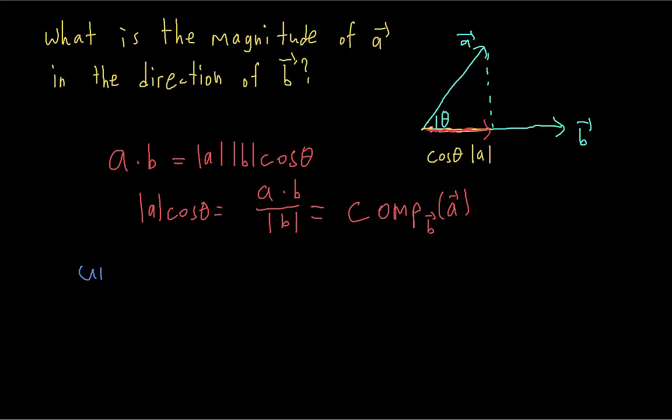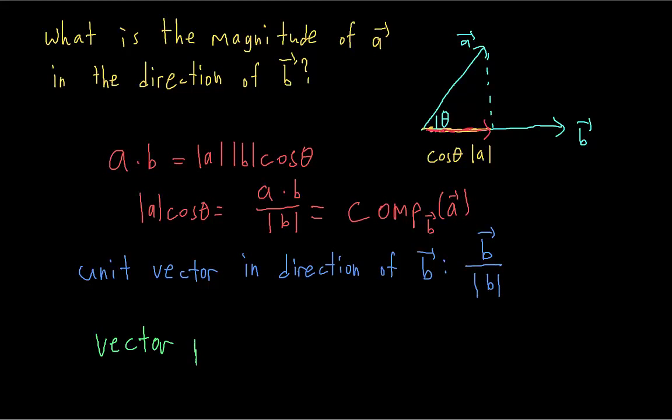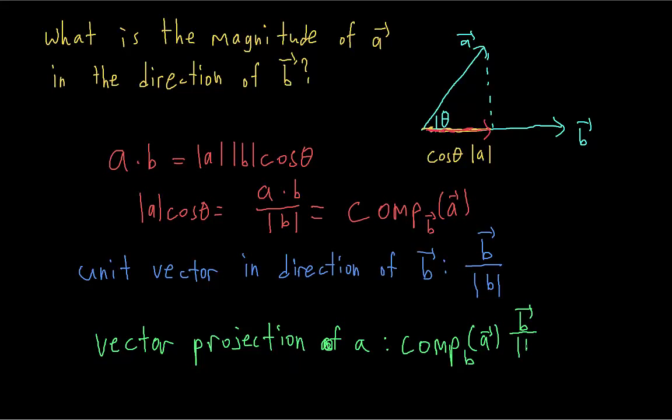And so we can do that by using the unit vector in the direction of b, which is going to be b divided by the magnitude of b. We just have to multiply the scalar projection by this unit vector in order to get the vector projection. But the main thing you're going to be using is the scalar projection.